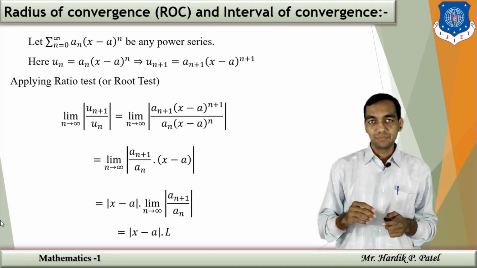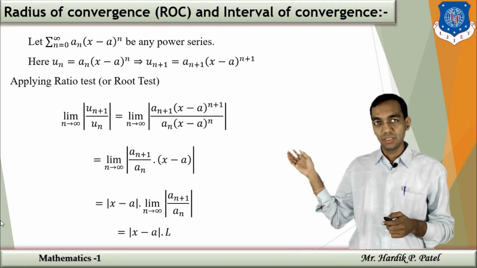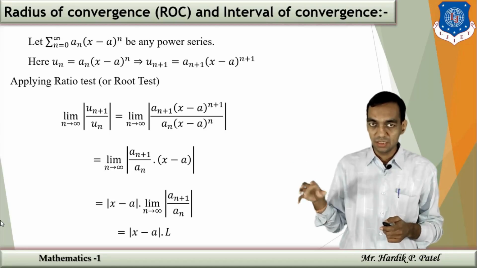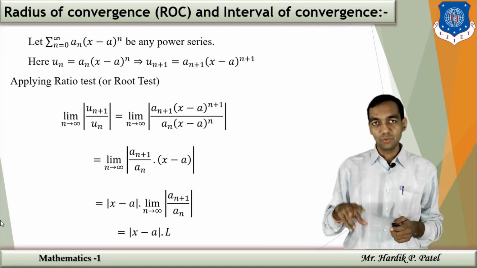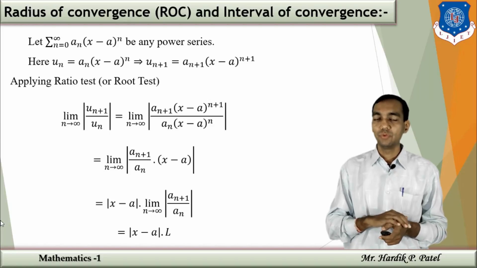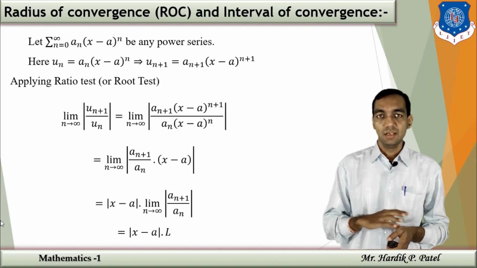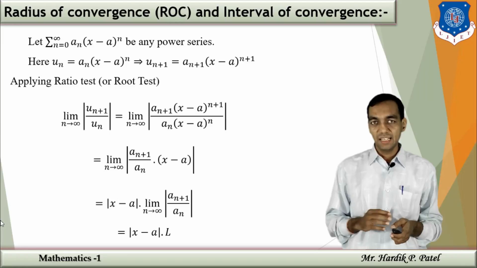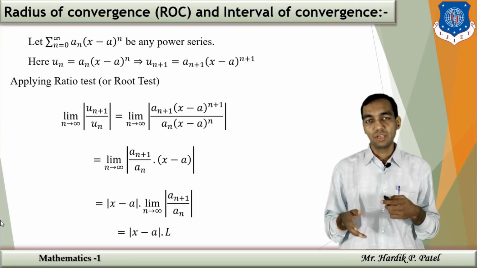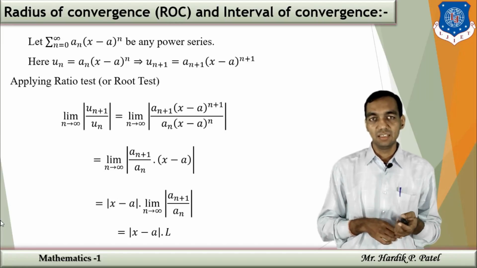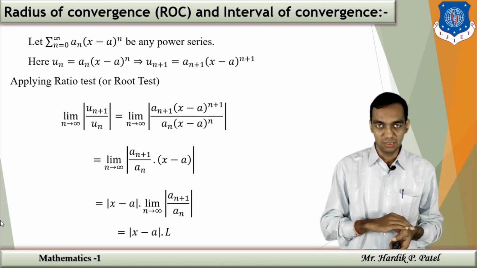So we start with un plus 1 is an plus 1 into x minus a raised to n plus 1, and we are going to find the limit of mod of un plus 1 upon un. If you are not writing mod, then you cannot define the exact condition for convergence or divergence.